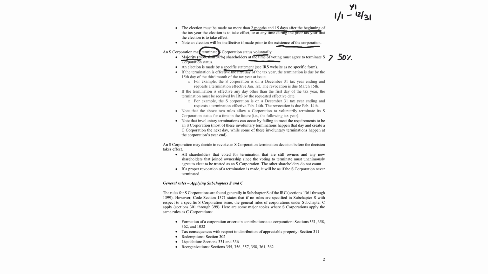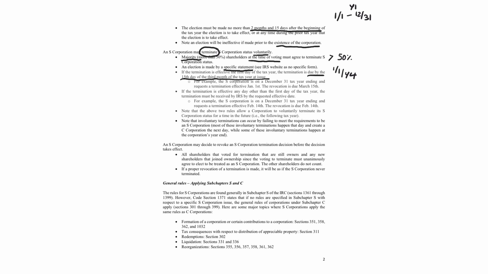Now, if the termination is effective the first day of the tax year, the termination is due by the 15th day of the third month of that tax year. So, very similar rule to what we had for electing S corporation status. So, let's say 1/1 of year 4.